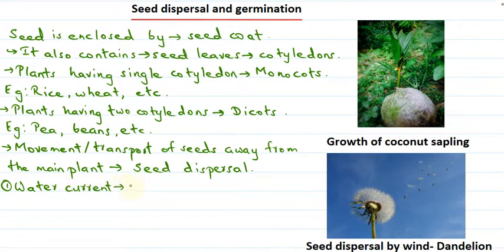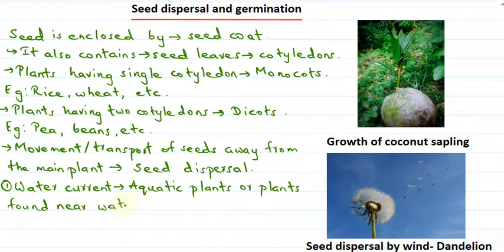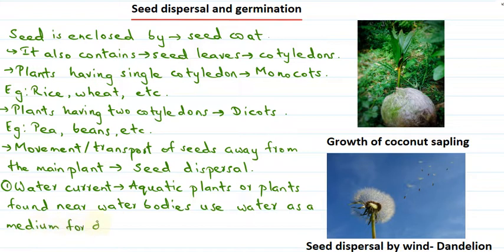This happens in the case of aquatic plants, or those plants which are found near water bodies. Such plants use water as a medium for their dispersal.